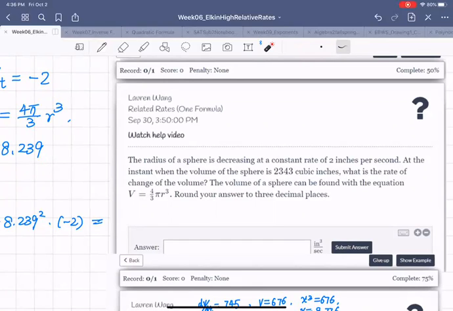You want to convert. They told you the rate of change. I already know the rate of change for the radius.